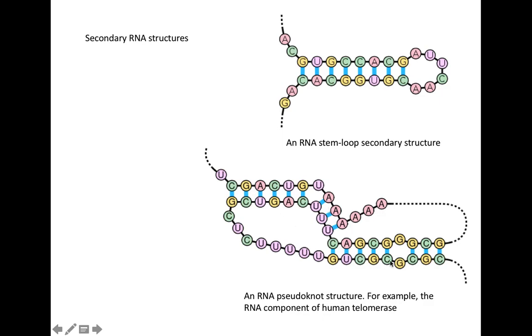You can see that the RNA molecule binds at multiple sites with its own nucleotides and creates these double-stranded structures. This is a much more complicated structure, not just a single binding between two strands. So here we say that this is more like a pseudoknot structure, and this is the RNA component of the human telomerase.